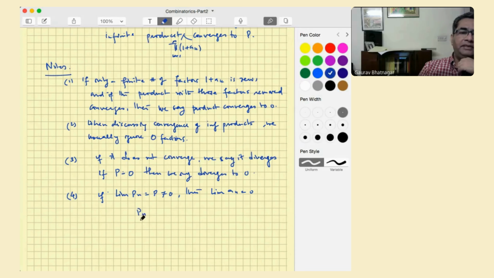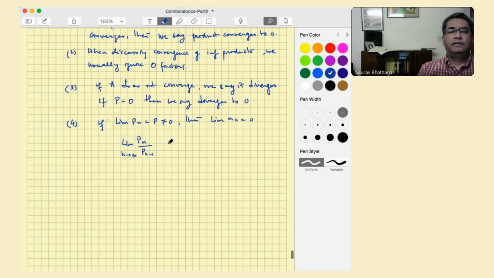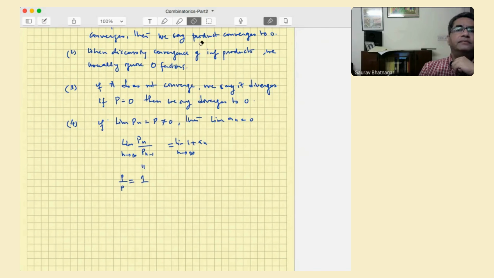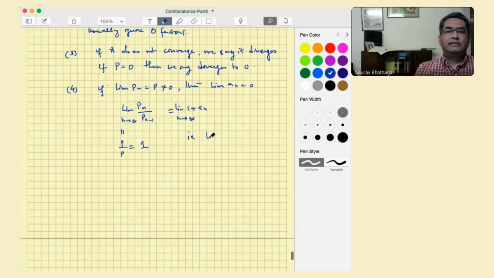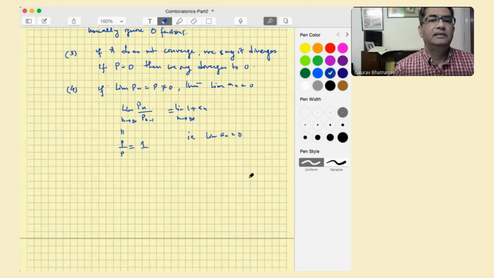Because if you take the limit of Pn over Pn minus 1, this is 1 plus An, and this is going to be 1 because the limit of Pn is non-zero, so it's P over P, which is equal to 1. So this implies that the limit of An is 0.